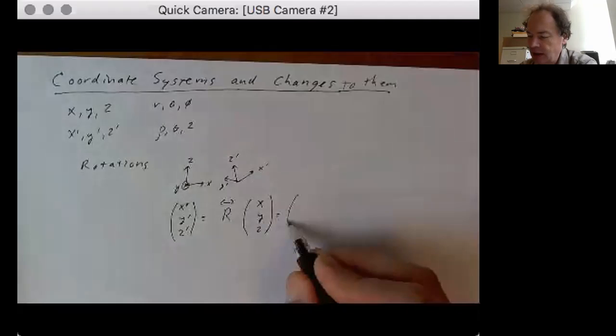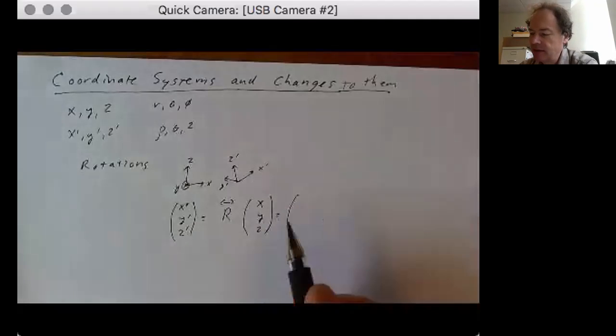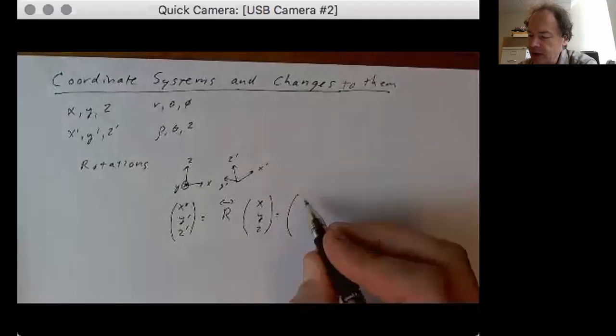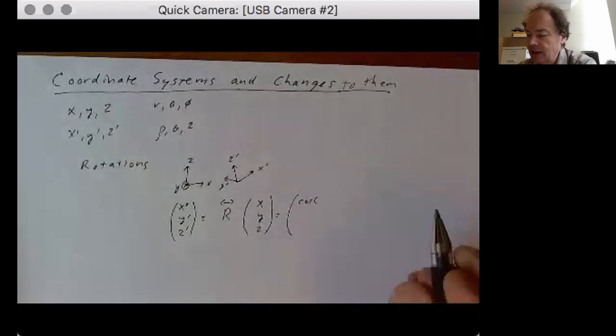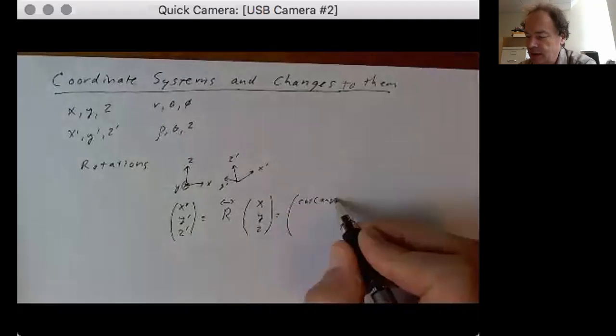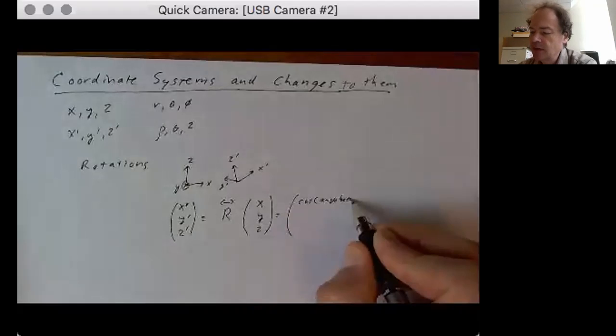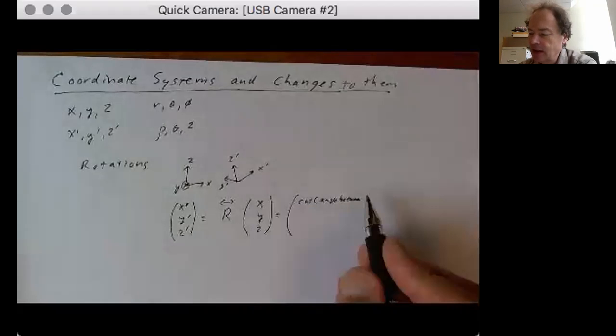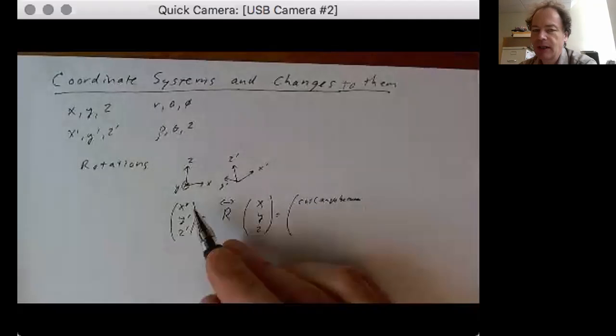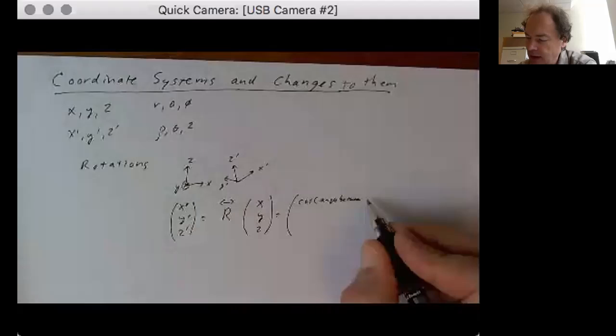It's going to be an array of, in this case, 3 by 3. And what the elements are is the cosine of the angle between, in this first one, we're taking x and multiplying by this to get x prime. So it's the cosine between x and x prime.